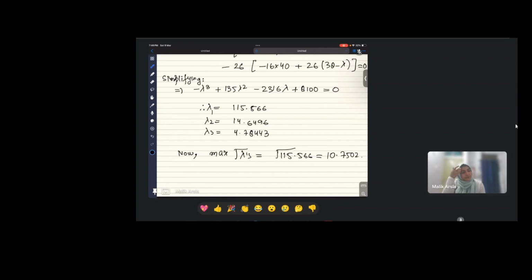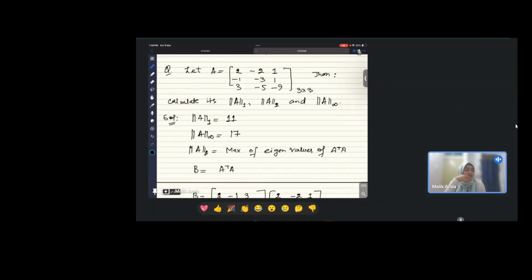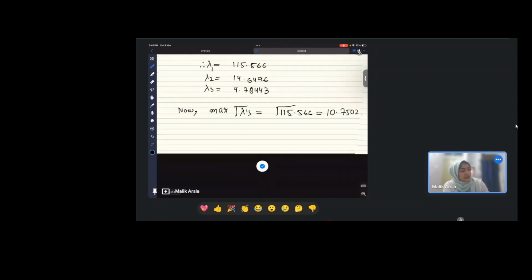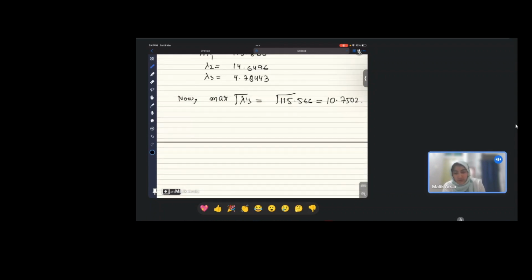Okay, madam. So this was also a previous year assignment, but there it was only given to find infinity norms. So I thought practicing on one norm and two norm will also be good. Should I move further? Yes, ma'am. Okay.